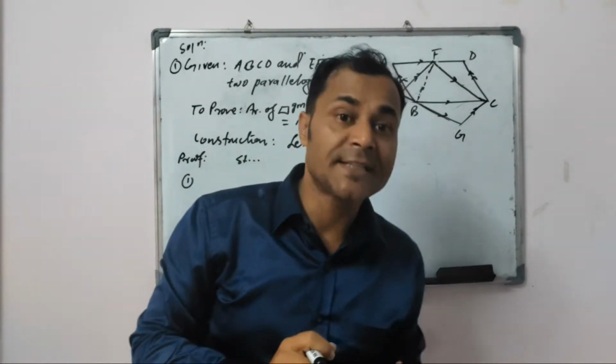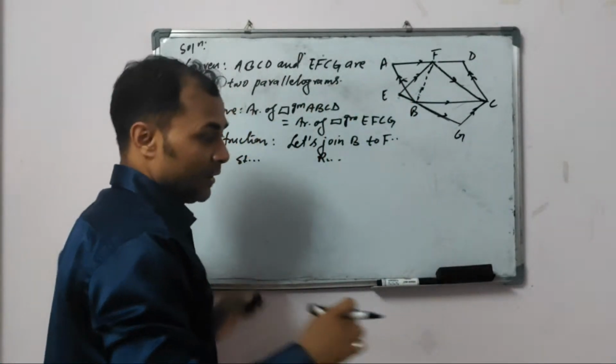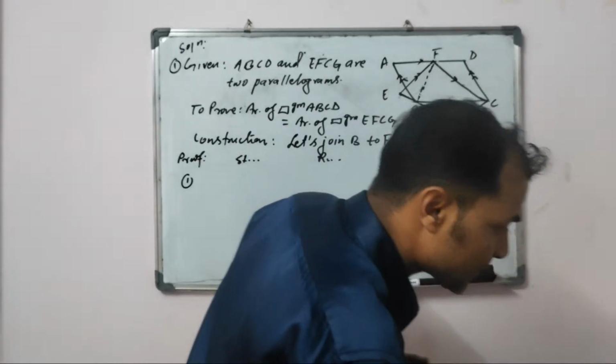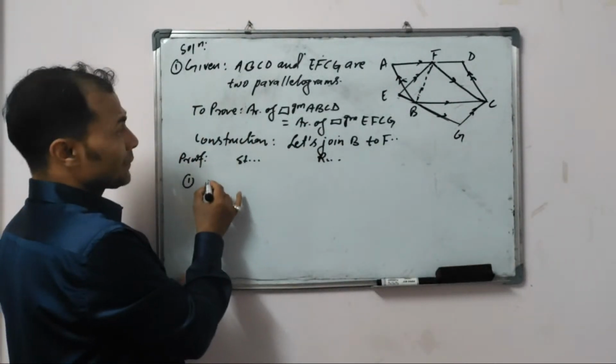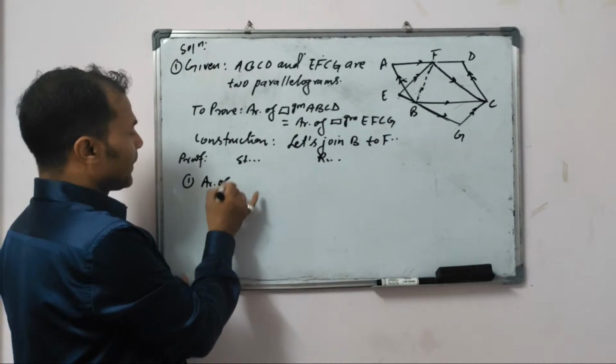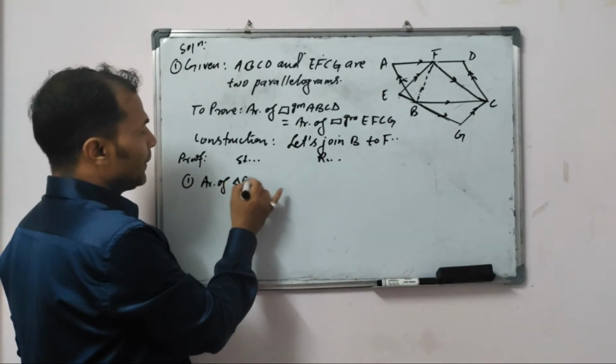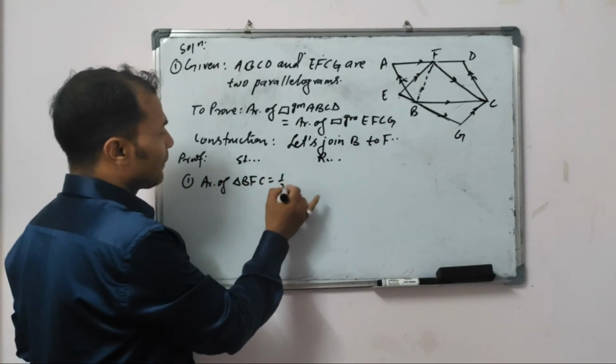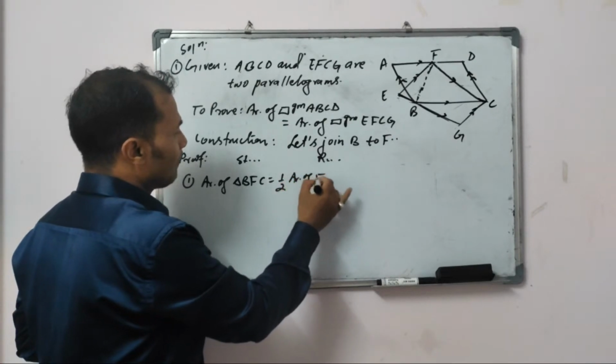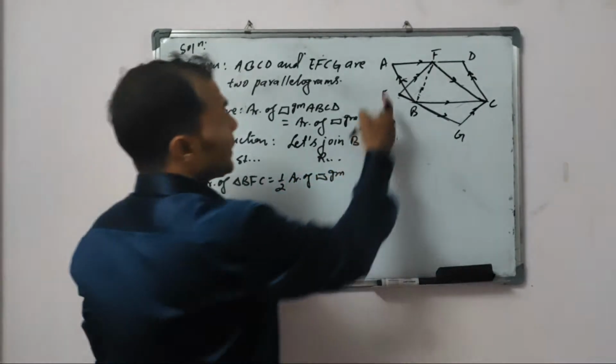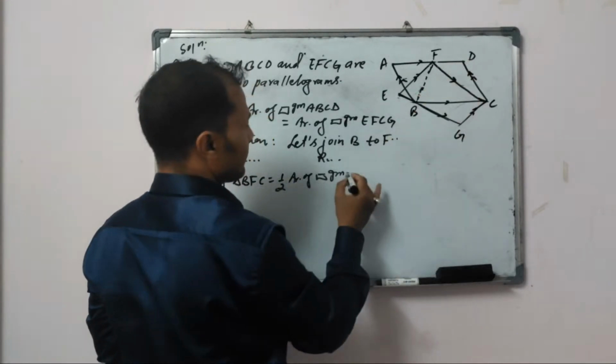If you are having any confusion, please mention in comments. First of all, area of triangle BFC equals half of area of parallelogram ABCD.